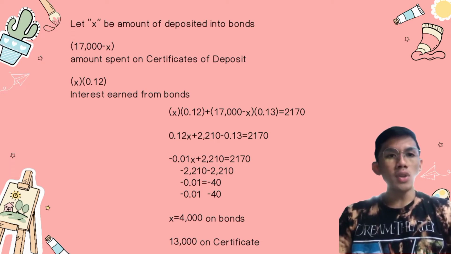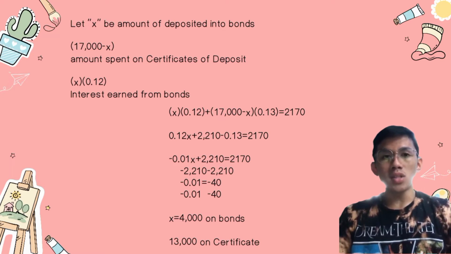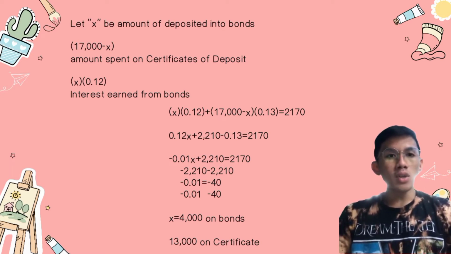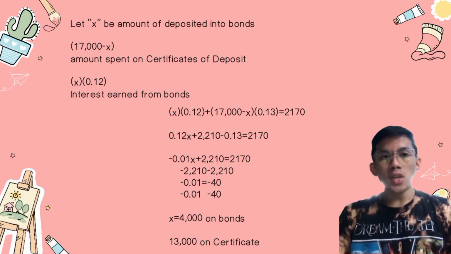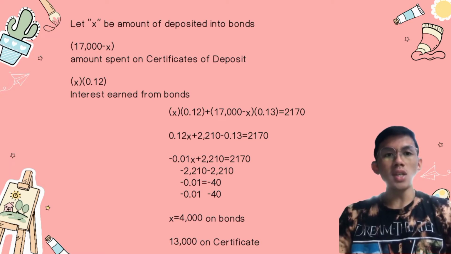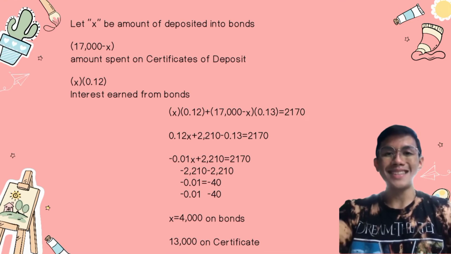Negative 0.01x plus 2,210 equals 2,170. Negative 0.01x equals 2,170 minus 2,210, which is negative 40. So x equals 4,000 on bonds, and 13,000 on certificate.